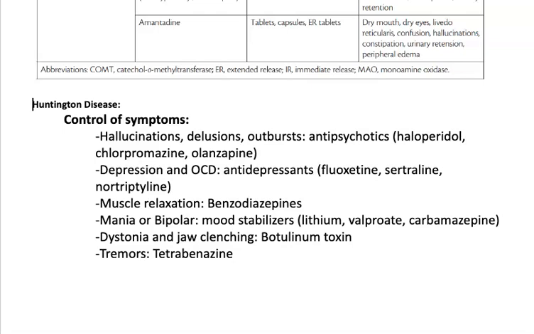And so when it comes to the hallucinations, delusions, outbursts, that's often the antipsychotics or the neuroleptics, where you are going to be inhibiting those dopamine receptors. So that's with the haloperidol, chlorpromazine, and olanzapine.